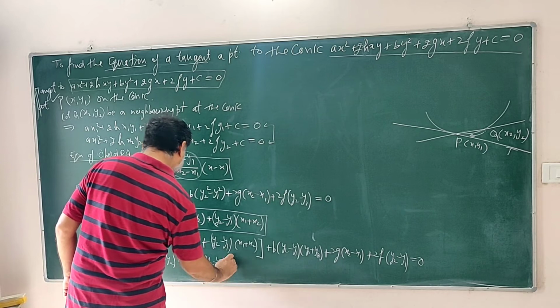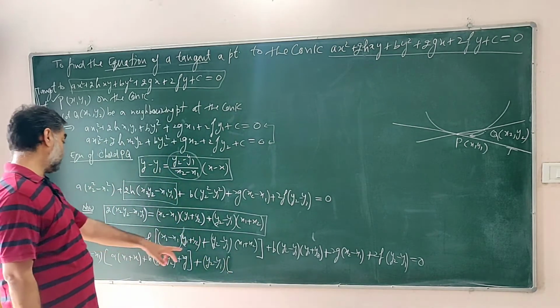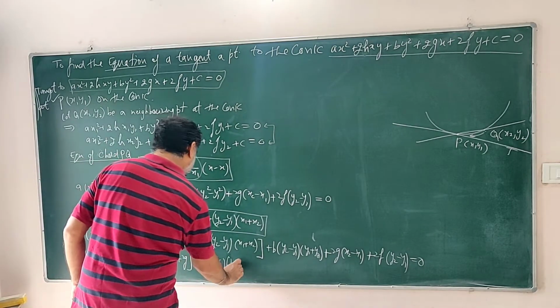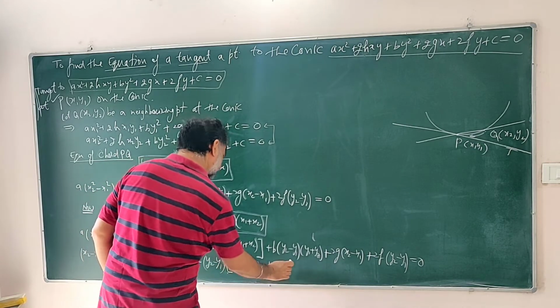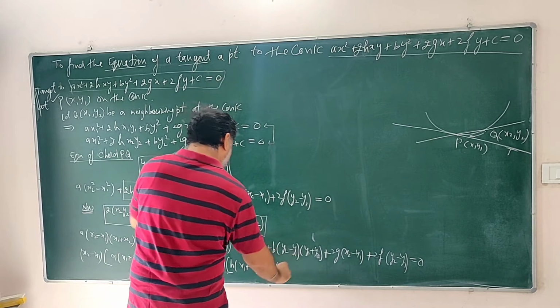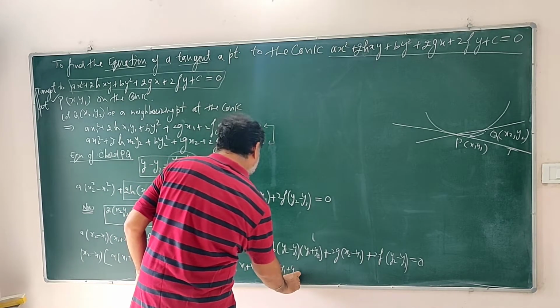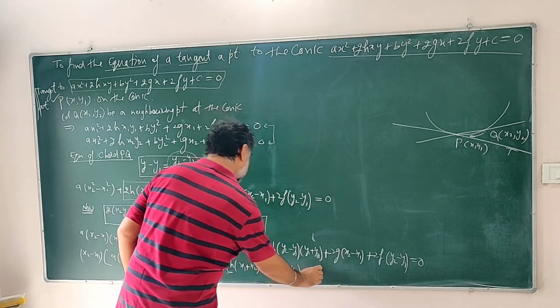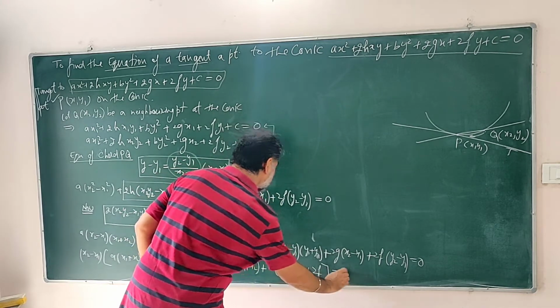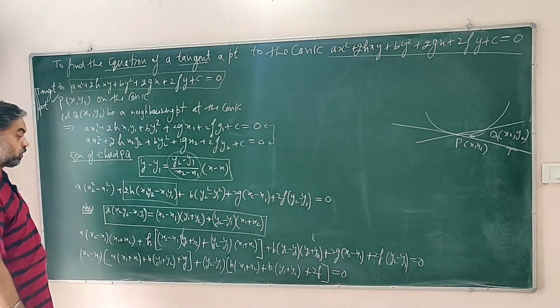So what remains is, if you take y2 minus y1 as common, you take h(x1 plus x2) plus b(y1 plus y2) plus 2f equal to 0. Alright.